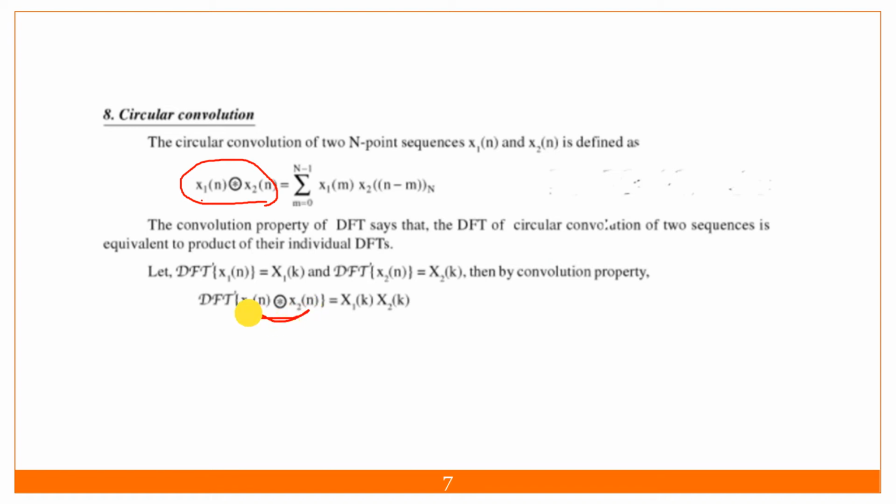So if I want the time domain circular convolution, in the frequency domain we just have to multiply the two sequences.